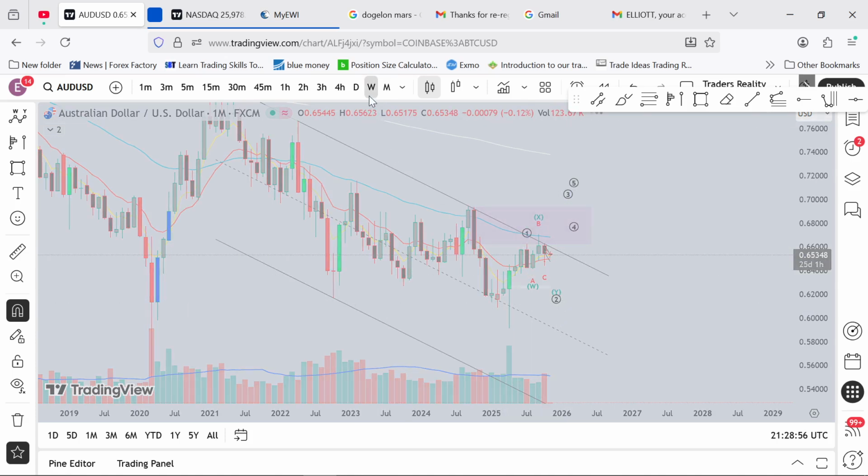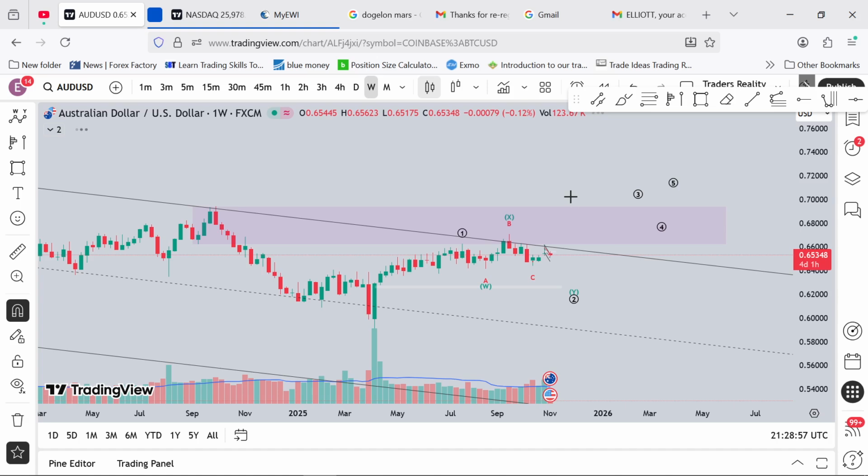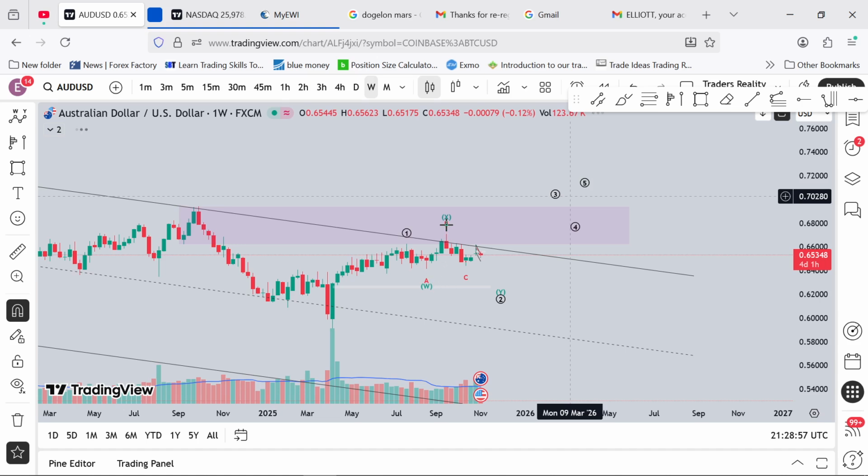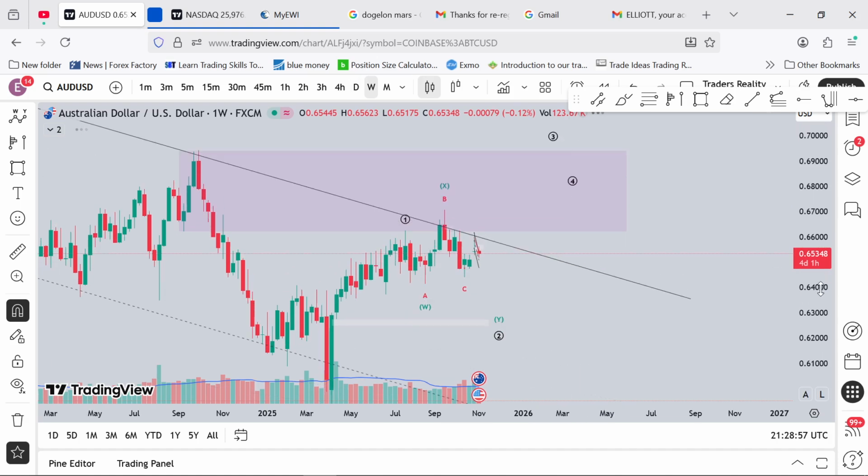We jump onto the weekly time frame and see what the weekly's got to show us. As you can see, this is my 1. That's a corrective move down, corrective move up, corrective move down, pushing up, and I'm looking for price to come lower. Let's zoom into this weekly quickly.